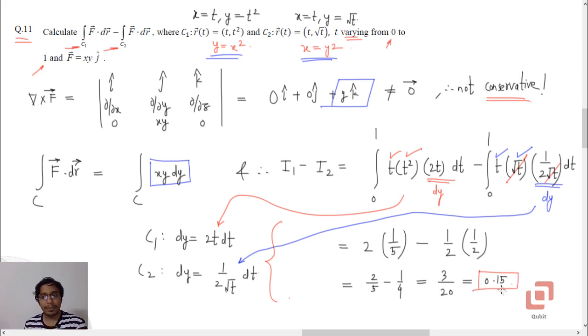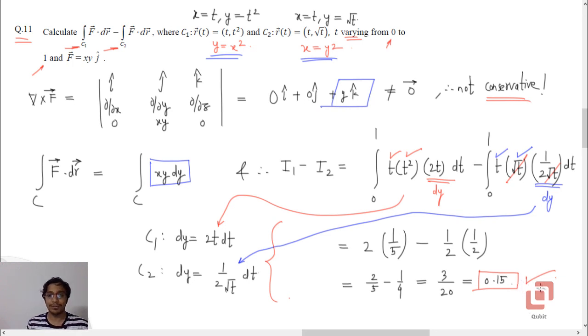Now please type the exact value, because 3 upon 20 has a closed decimal form, unlike any fraction which, let's say, has 3 in the denominator. So 0.15 is the answer, and you have to type this in the on-screen keypad. Don't type 0.1499 or 0.1501 for fun.